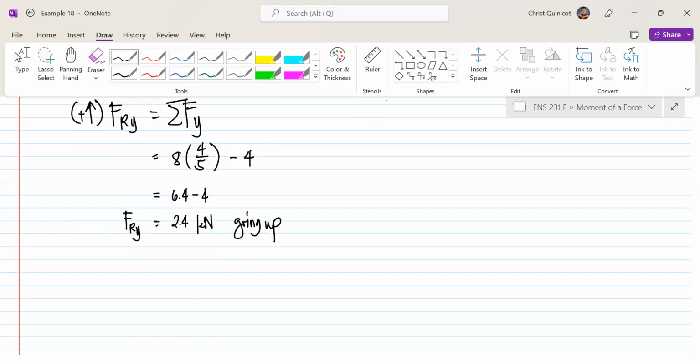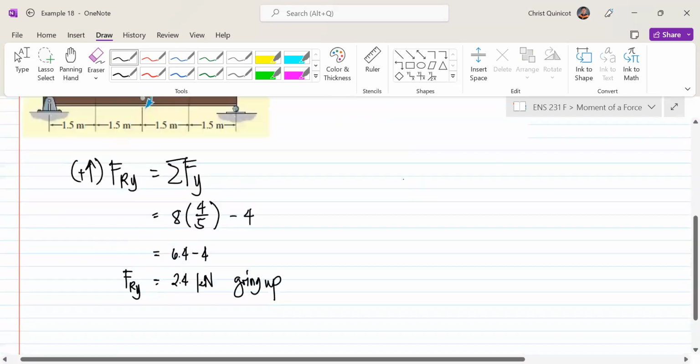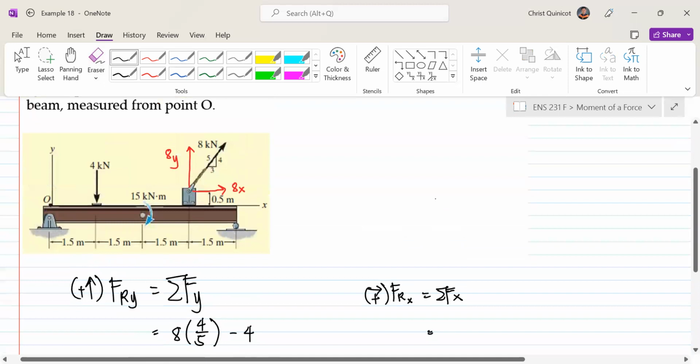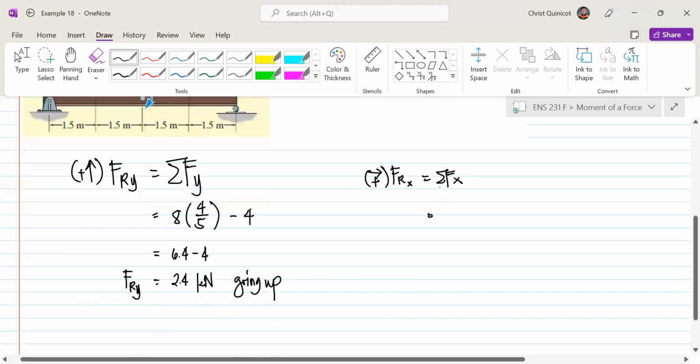Okay, next for the x component of our resultant force. F sub Rx is equal to the sum of all forces in the x direction, assuming to the right positive. We only have one force that goes to the right, the x component of our 8 kilonewton, which is 8 times 3 over 5.